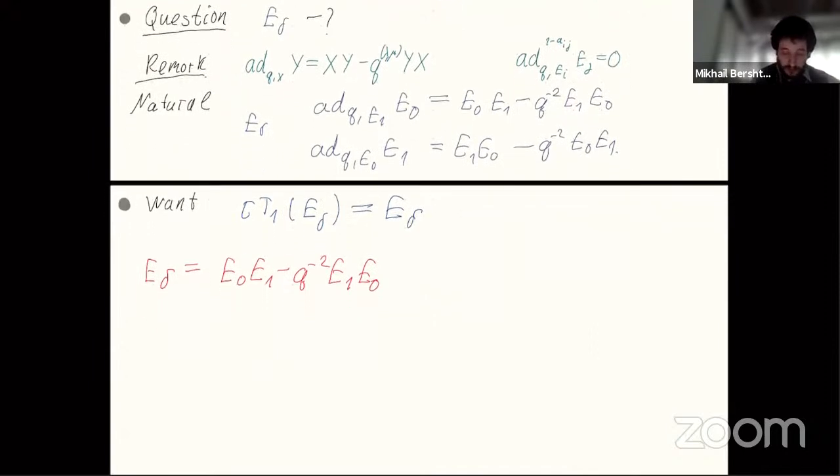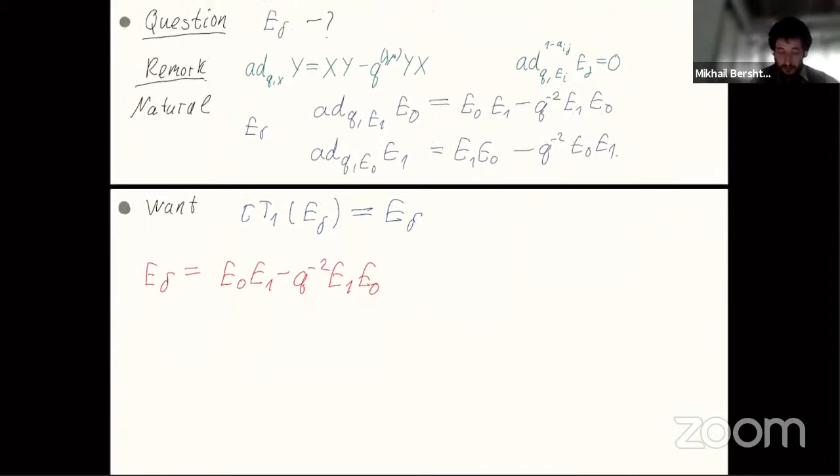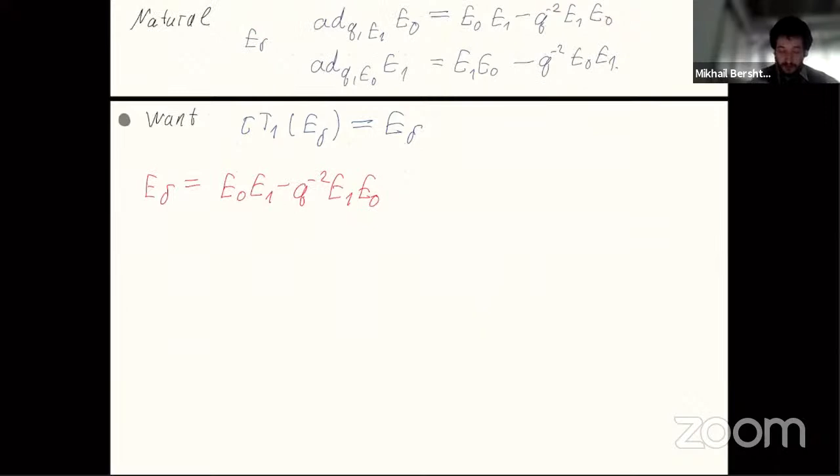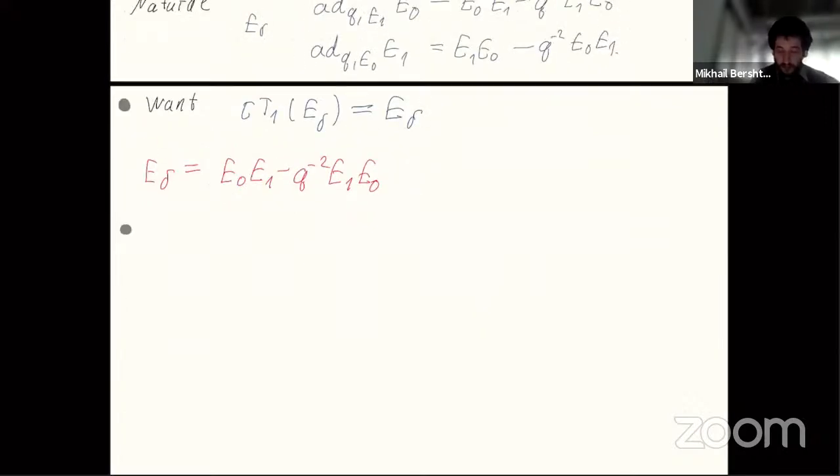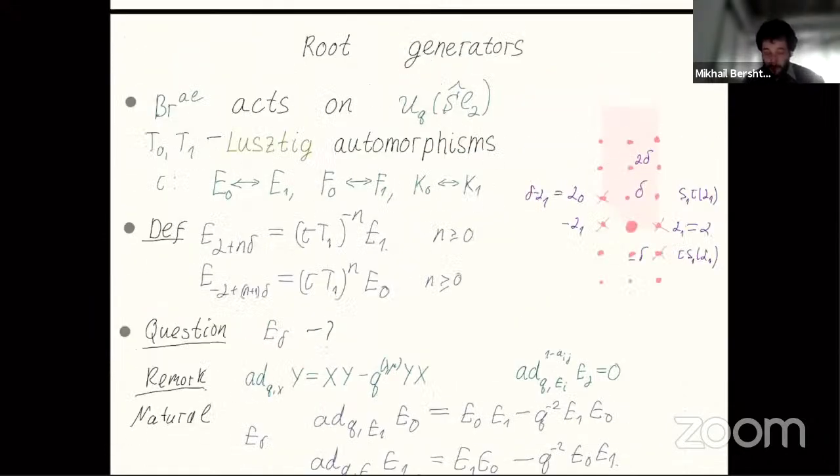Before we go further, let me say that there is already something which we can check. So our plan for today will be the following. We introduce generators, which we'll call root generators here, and try to write down relations among them.